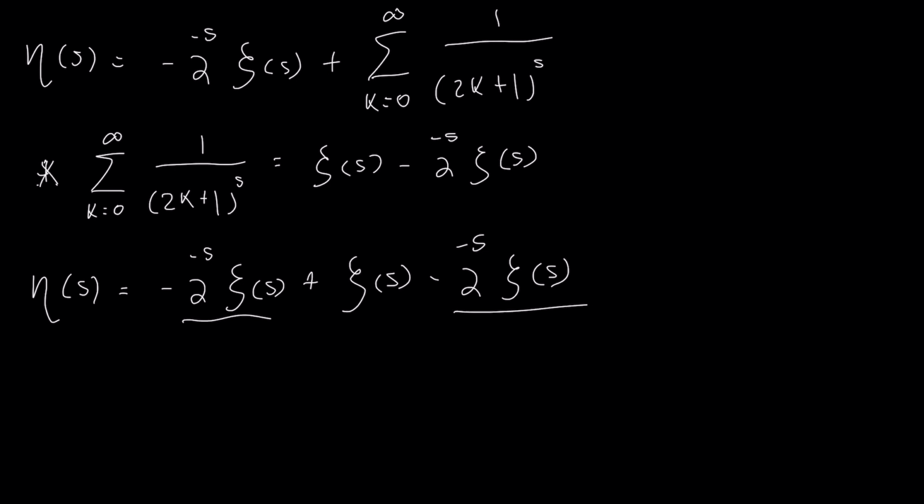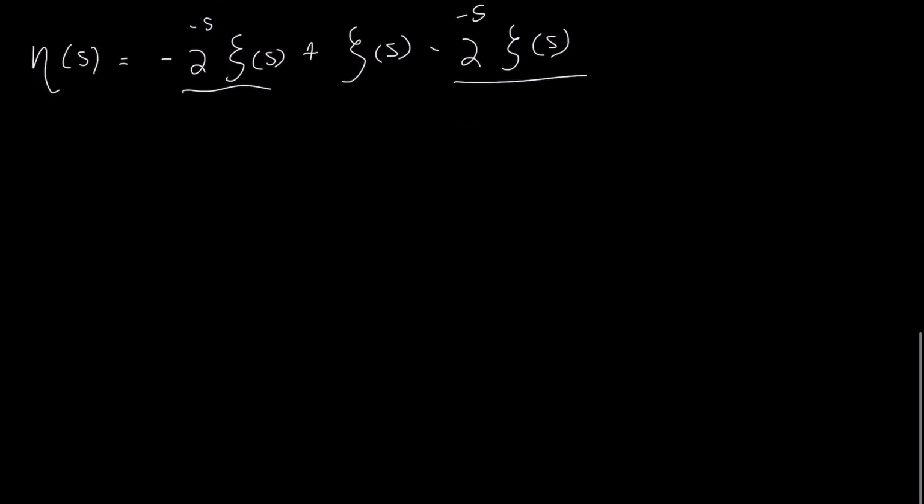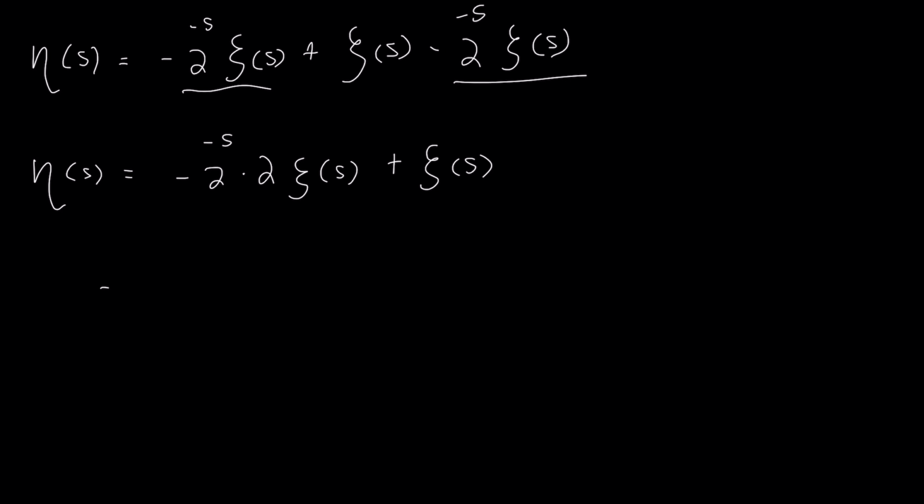But we can combine these two terms. We have that eta s is negative 2 to the negative s times 2 zeta s plus zeta s. So this will be negative 2 to the negative s plus 1 power zeta s plus zeta s.